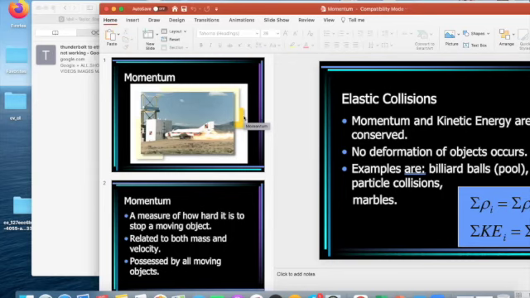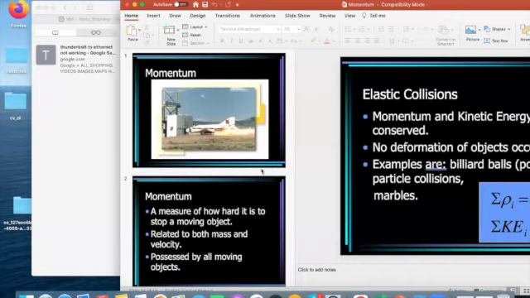So sometimes they used to run into the audience on accident, or run past the basketball goal because their momentum was just too fast for them to slow down. Right. So again, momentum is how hard it is to stop a moving object.